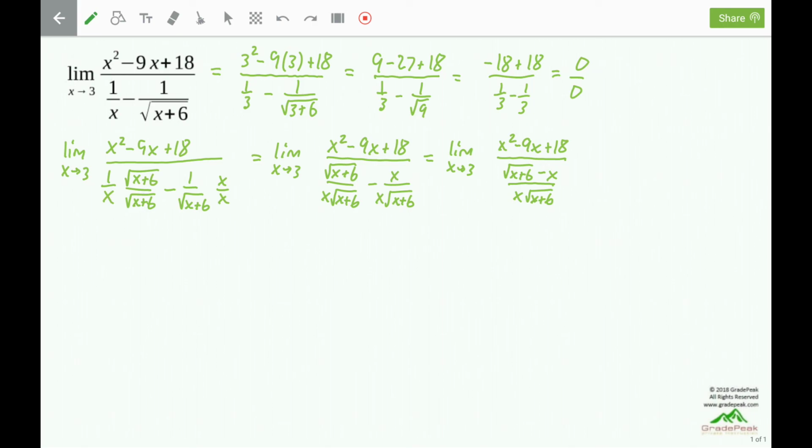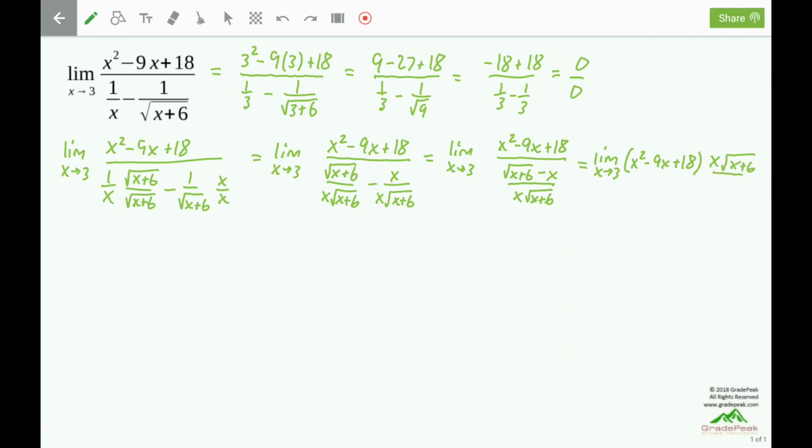Our next step in a common denominator method is to reciprocate the denominator fraction and multiply it with the numerator. So let's make that happen here. We have the numerator, which is x squared minus 9x plus 18, and we're going to multiply this by the reciprocal of the denominator fraction.